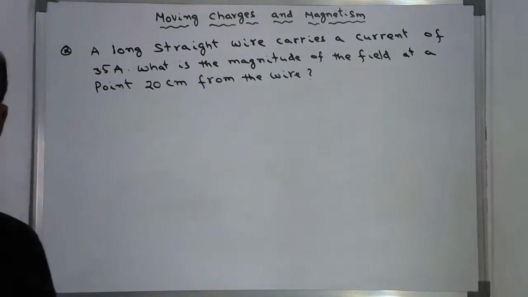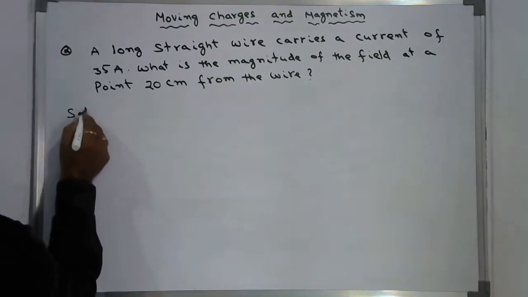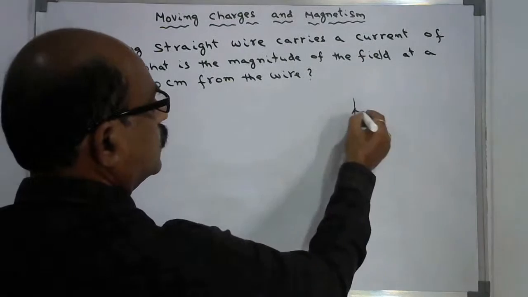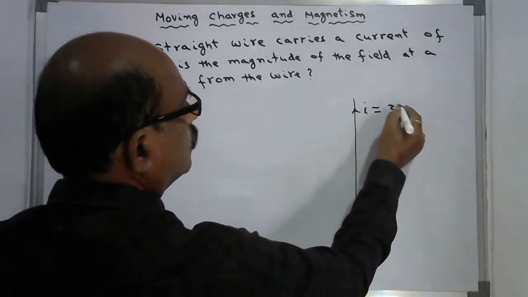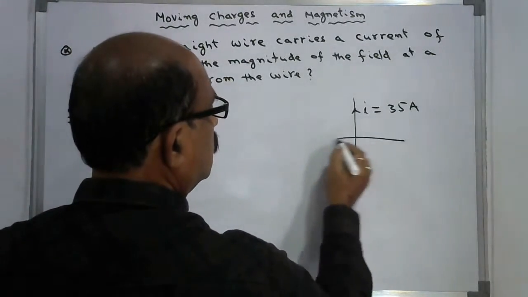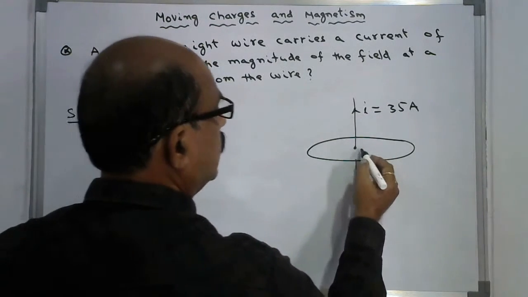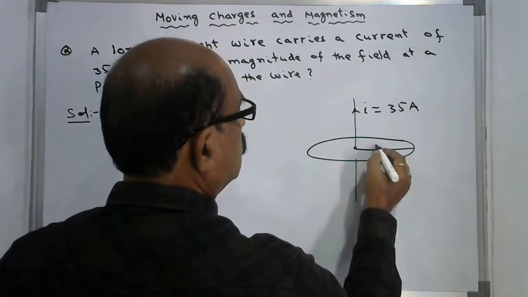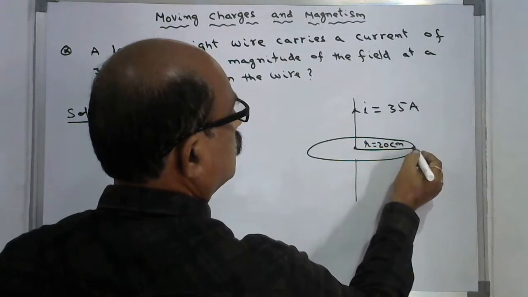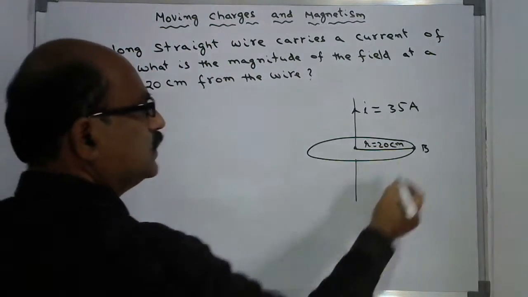For the solution, a long straight wire carries current I, given as 35 amperes, and this wire produces a magnetic field, and we have to determine the magnetic field intensity B at a distance r equal to 20 centimeters.